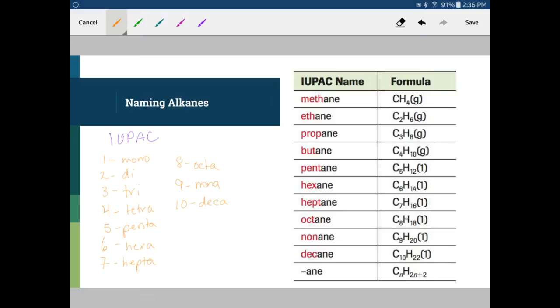What we know so far is that we use these prefixes, and that's all fine and dandy.